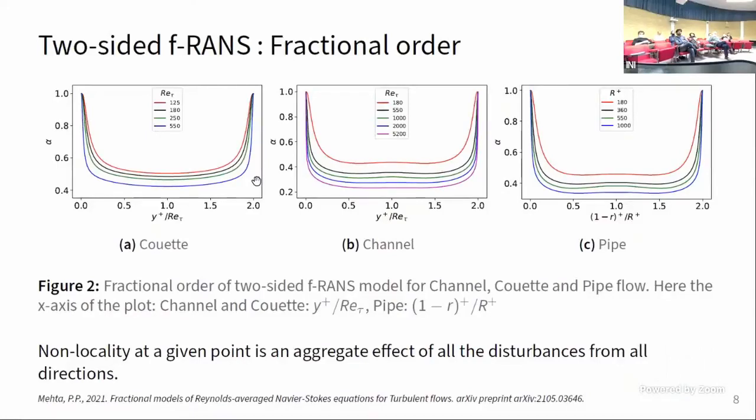If you're sitting at a point and you're trying to see what the disturbance is at that point, it's not influenced from the left, it's influenced from all the sides. The amalgamation of everything is the disturbance I feel when I'm sitting at a point. So it makes perfect sense to use a two-sided model that takes the contribution from both the walls rather than just one of the walls. And that artifact that we had in the channel and the Couette flow has just disappeared, and we now have a physically consistent result.